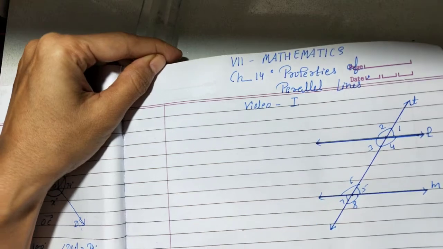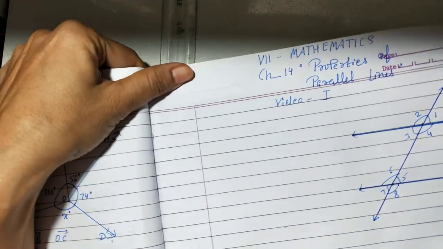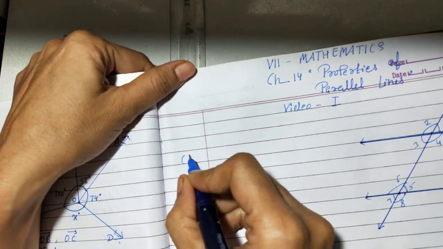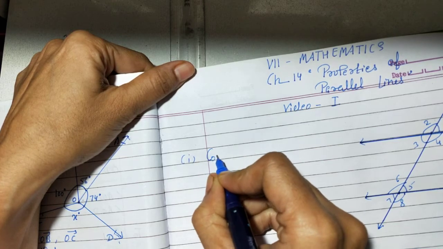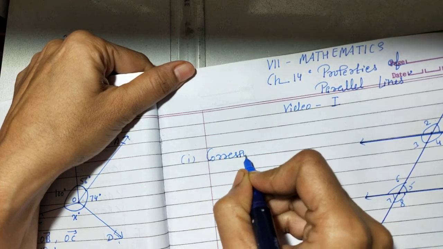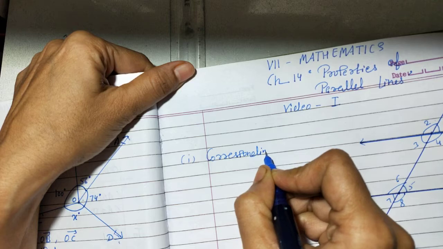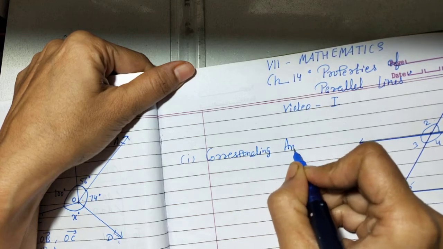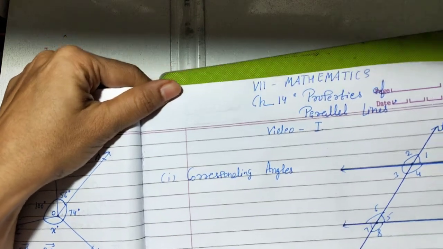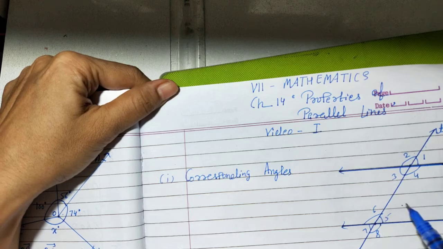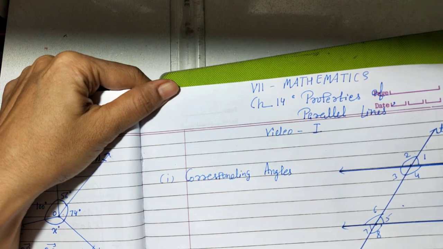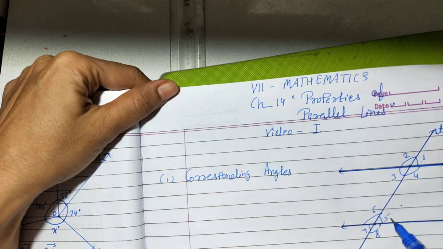In these angles we are having a variety of angles. First of all we are having corresponding angles. Which are corresponding angles? We are having four pairs of corresponding angles, like angle 1 and angle 5.